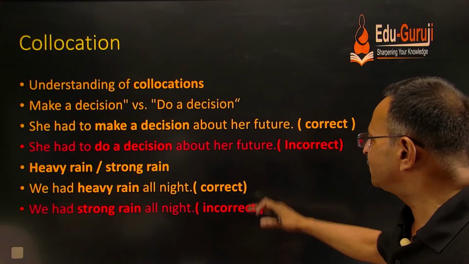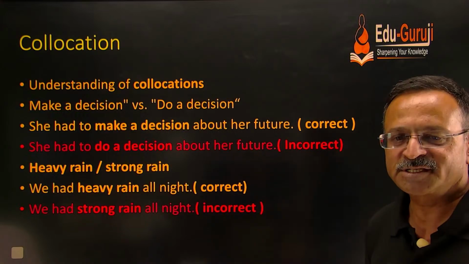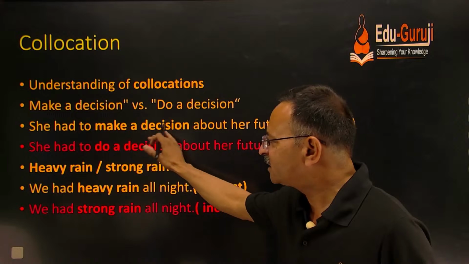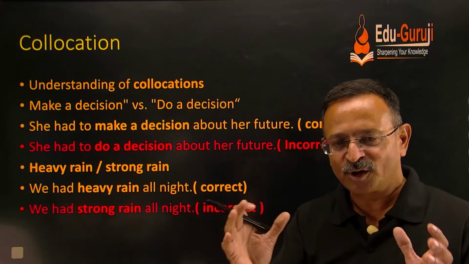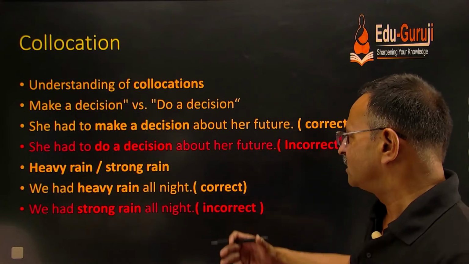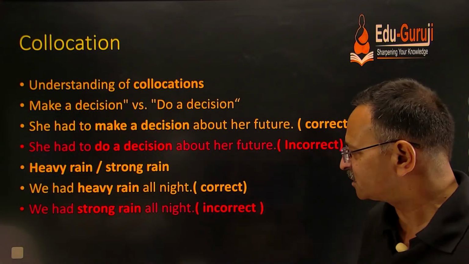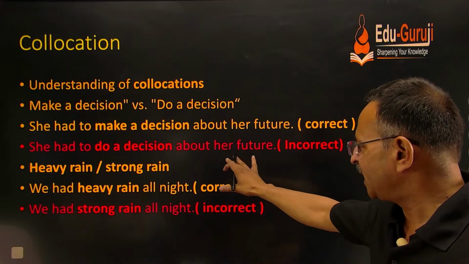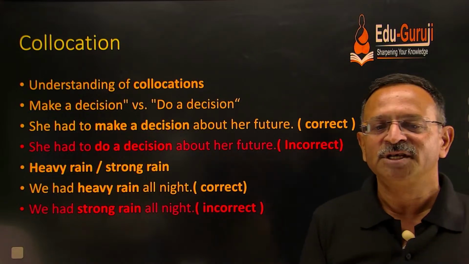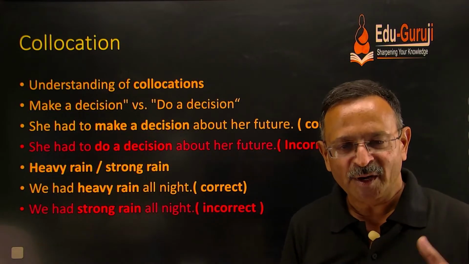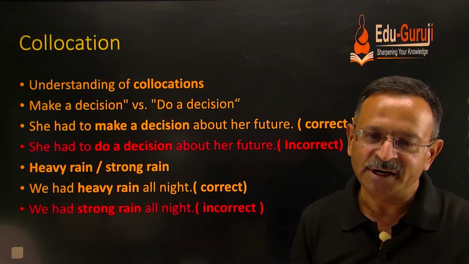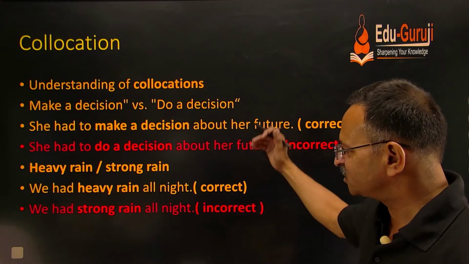She had to make a decision about her future. This is correct. We always make a decision. This is what we call a collocation. Again, she had to do a decision about her future would be incorrect. In your exam, they will definitely try to ask these types of things.